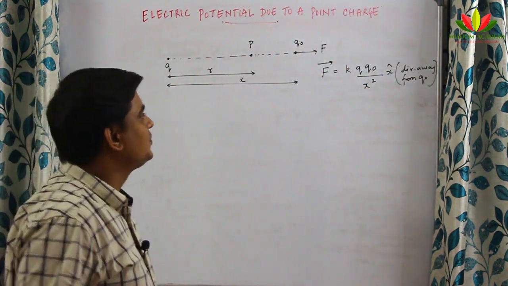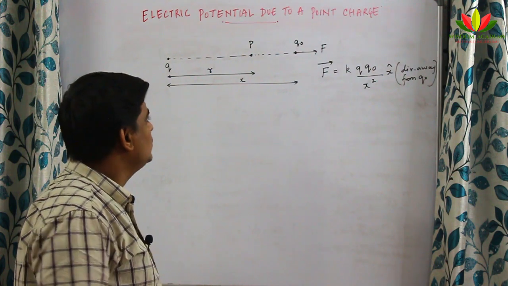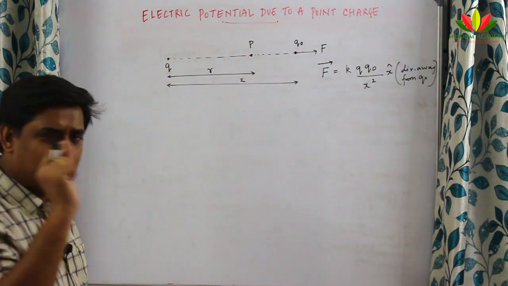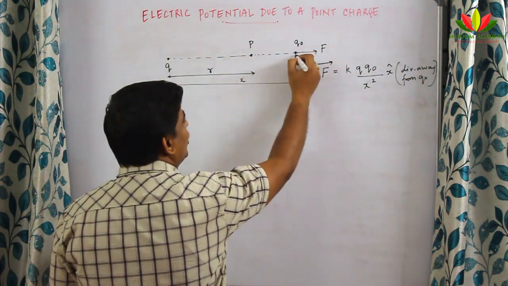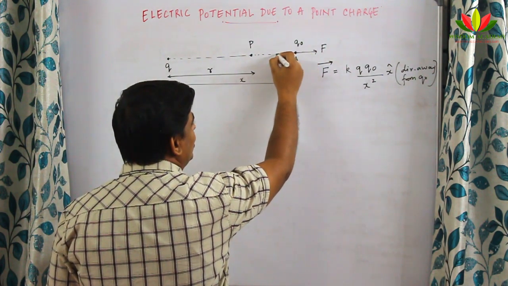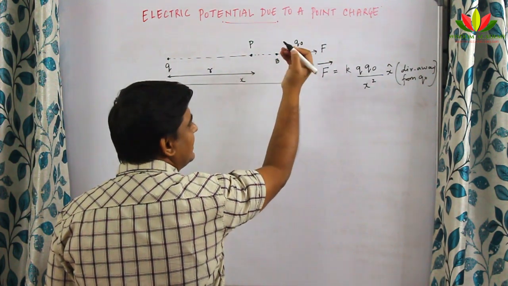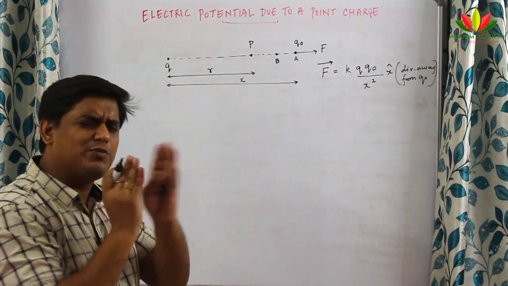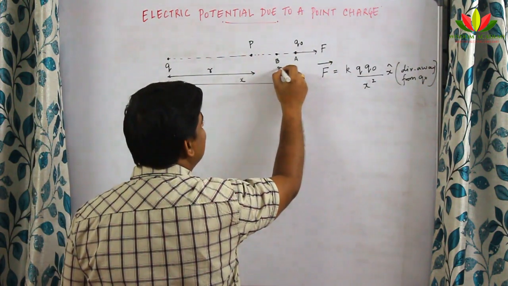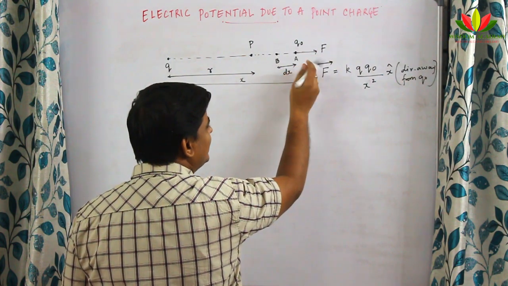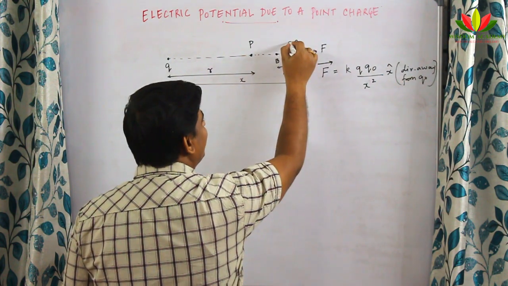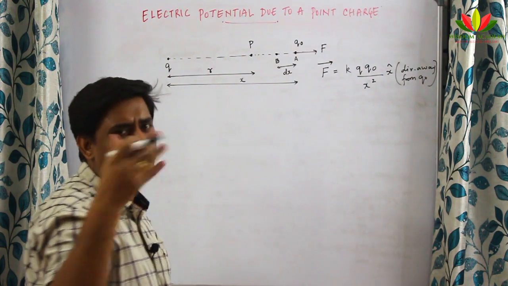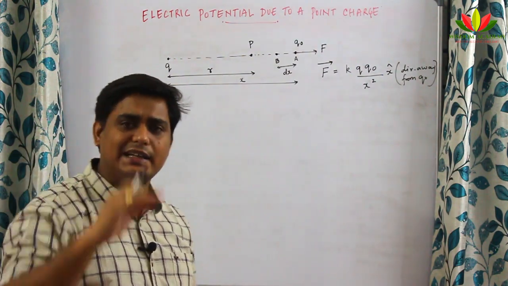Now I'm going to move this test positive charge from this point A to a point B, and I will try to find the work done. For moving a very small distance, let the distance be dx. In moving the small distance dx, I will find the small work done dW, and then I will integrate within the limits.